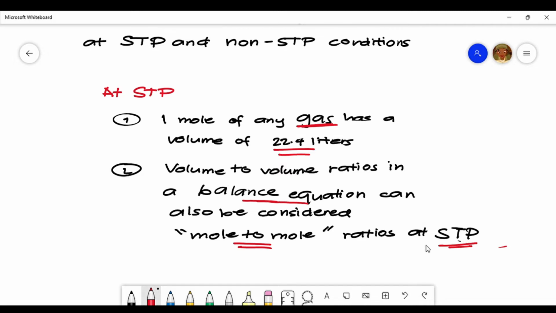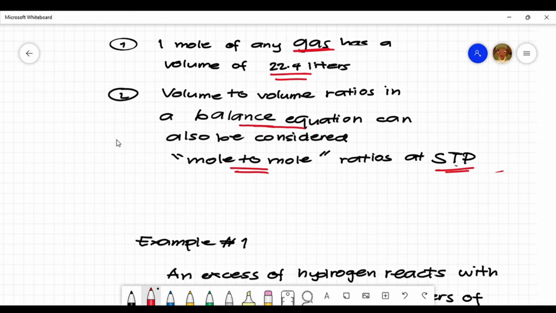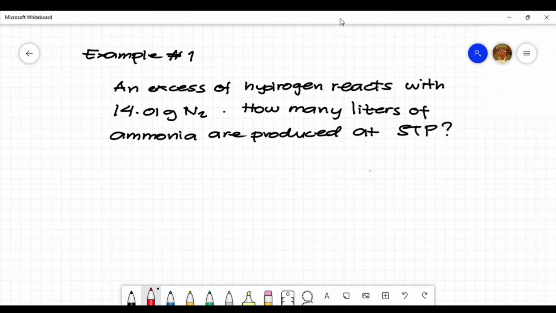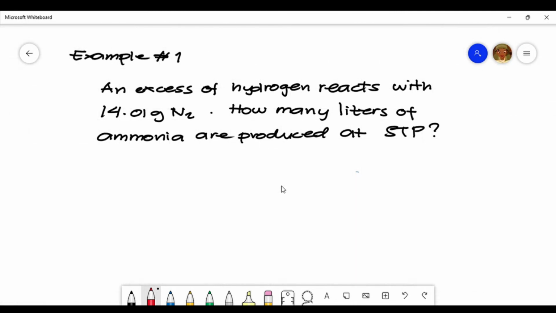To better describe these rules, let's look at example number 1, where an excess of hydrogen reacts with 14.01 grams of nitrogen. How many liters of ammonia are produced at STP? Hydrogen is a gas, H2, and N2 is nitrogen gas.